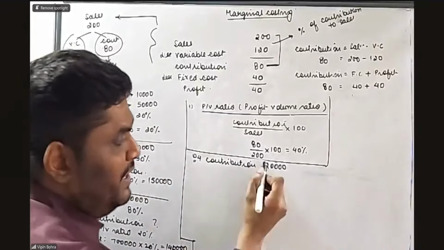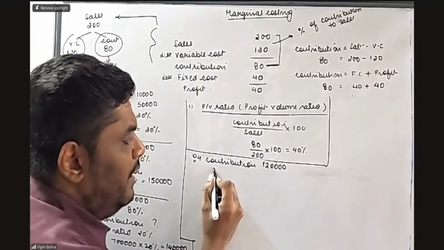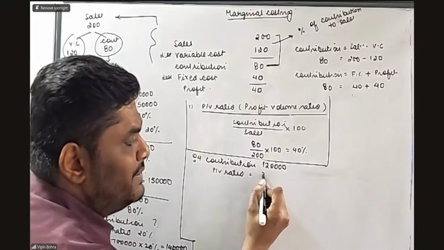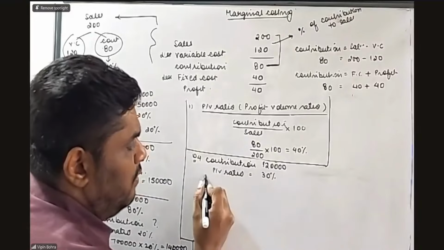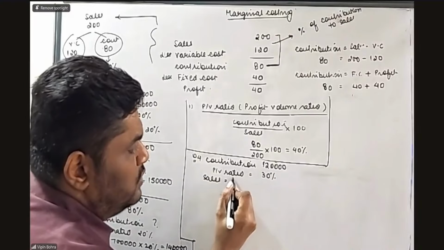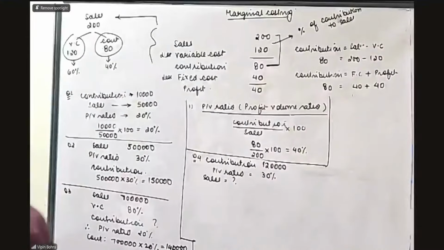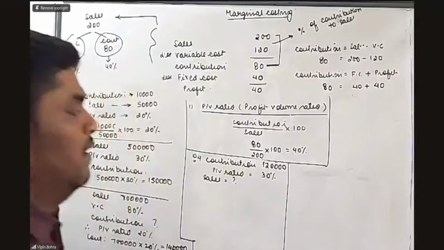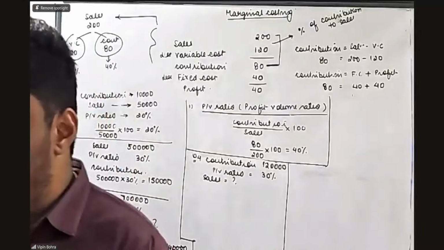My contribution is 1,20,000 and my PV ratio is 30%. So what will be my sales? Waiting for your answers.